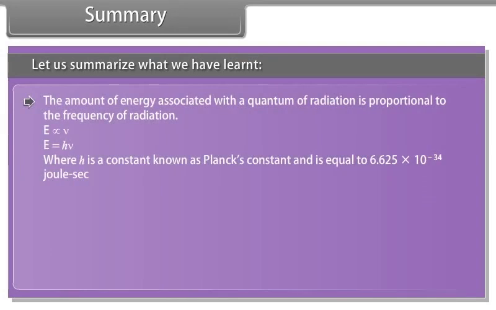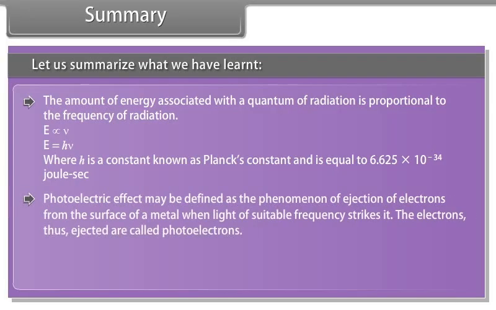The amount of energy associated with a quantum of radiation is proportional to the frequency of radiation, where the constant is known as Planck's constant and is equal to 6.625 into 10 raised to the power minus 34 joule second. The photoelectric effect may be defined as the phenomenon of ejection of electrons from the surface of a metal when light of suitable frequency strikes it. The electrons thus ejected are called photoelectrons.